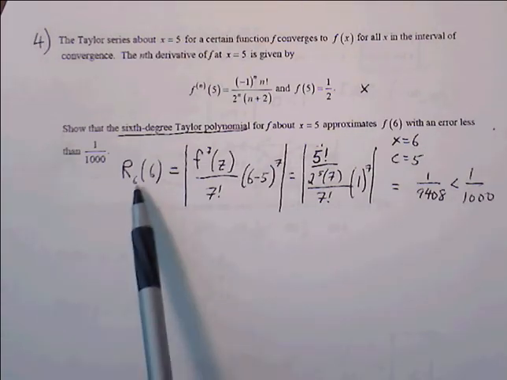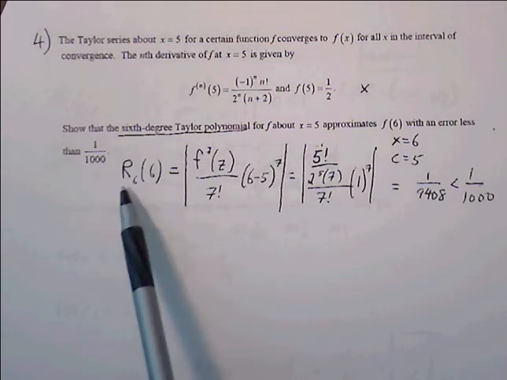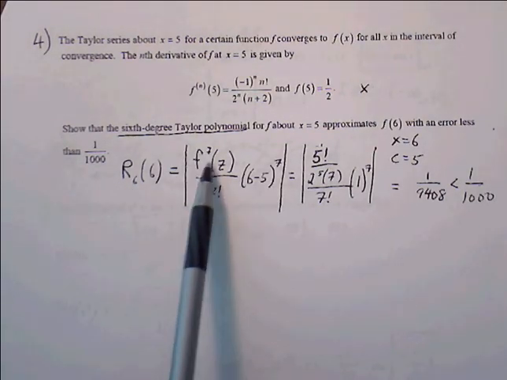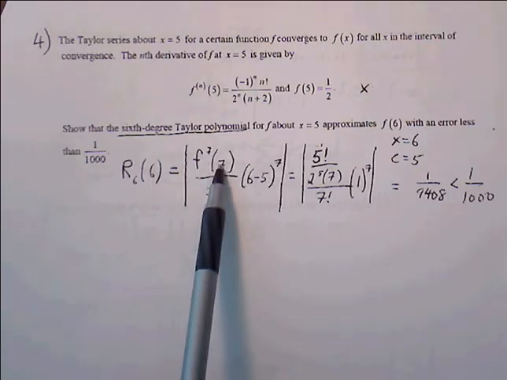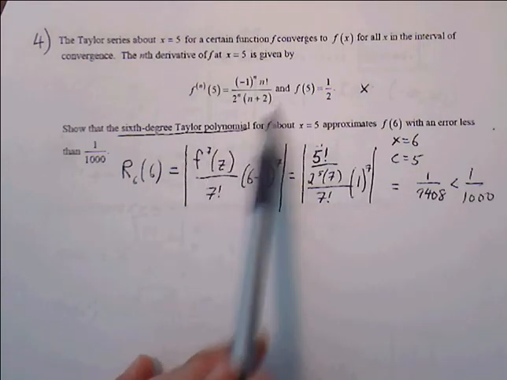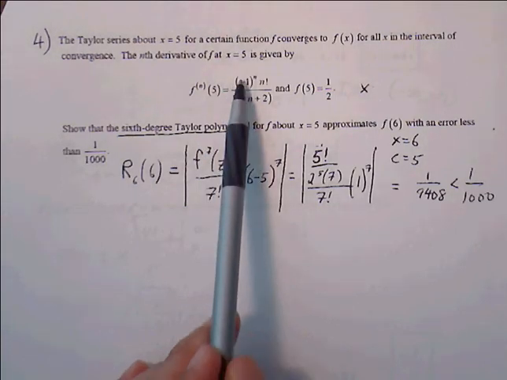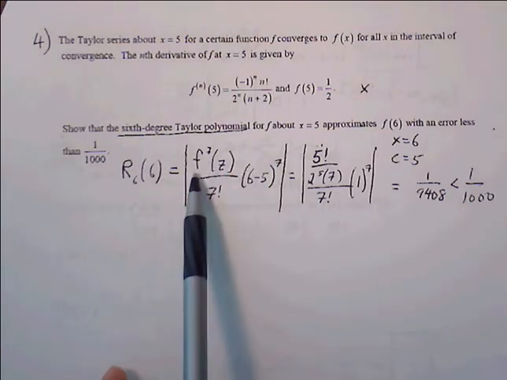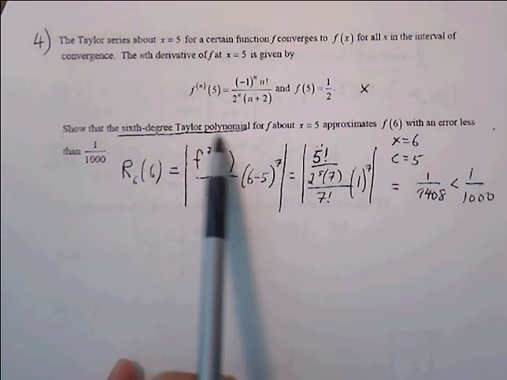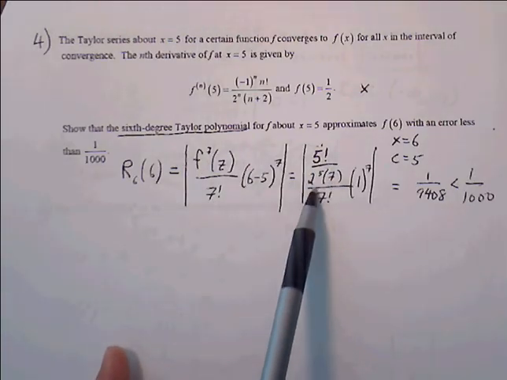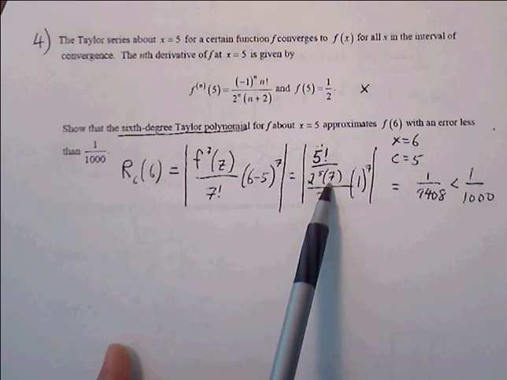So if we want to find the error for the 6th degree polynomial, we're going to have to work our way down to the 7th derivative evaluated at z. So then the 7th derivative evaluated at z will have to be using this formula here. So negative 1 times, so we know that this value will be 5 factorial over 2 to the 5th times 7.